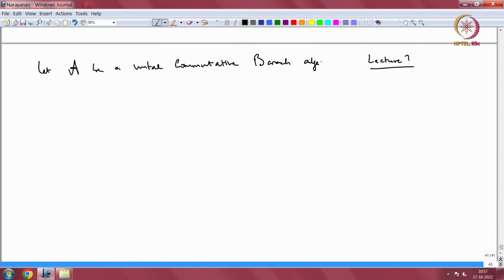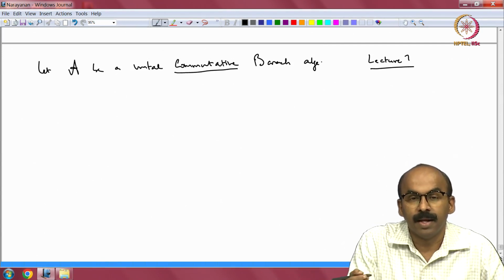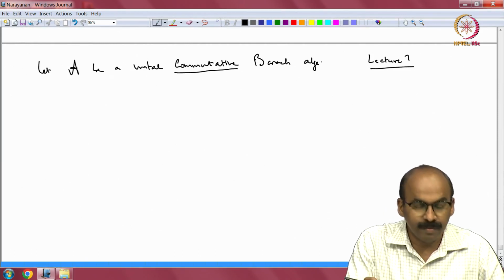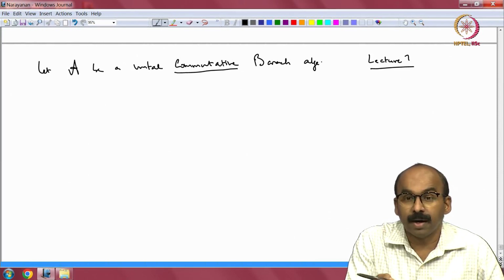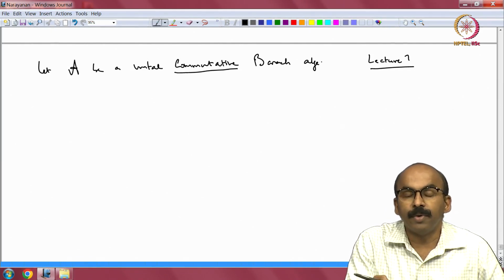Many of the things I say will be true even without the commutativity assumption, but for the time being we will assume this. Okay. Many definitions, for example, are valid even if the Banach algebra is not commutative, and one has analogues of many of the things I do even in the non-commutative setting.